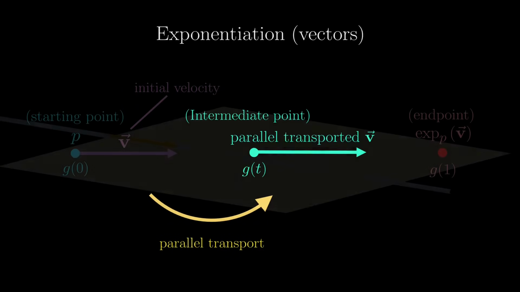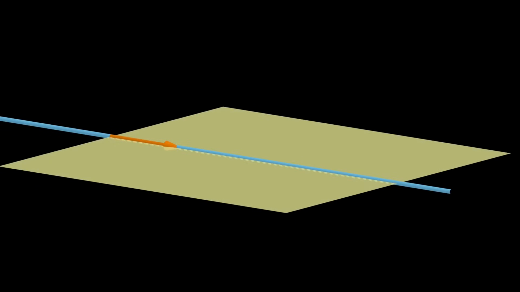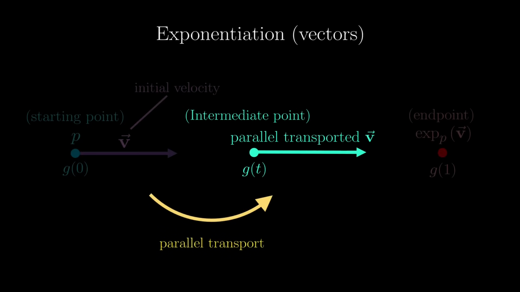This is because there is absolutely no obstruction to traveling with this velocity on a flat surface, so we don't need to rotate to keep it tangent. So with the parallel transport just being a translation, the velocity in the intermediate setup is still v in this case, same as the initial velocity.